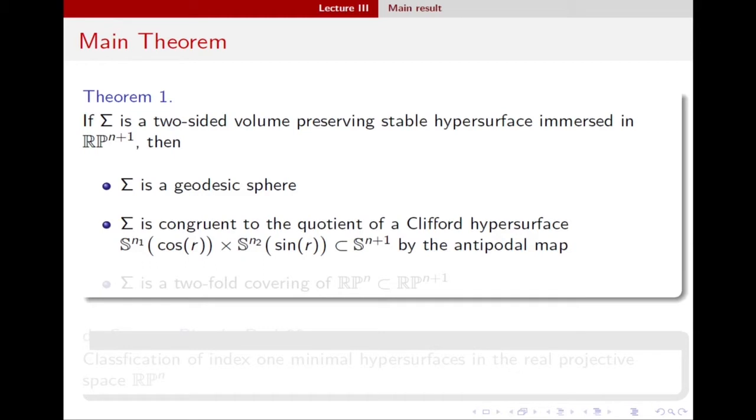This Clifford hypersurface is like a generalization of tubes about geodesics that we saw for the corresponding result in dimension 3. And also there is this other possibility of a twofold covering of RPN. These are the only possibilities for a stable constant mean curvature hypersurface in the projective space.